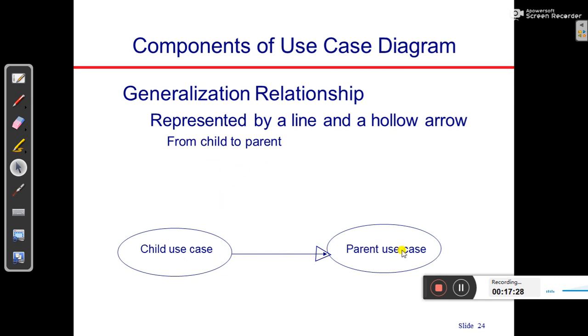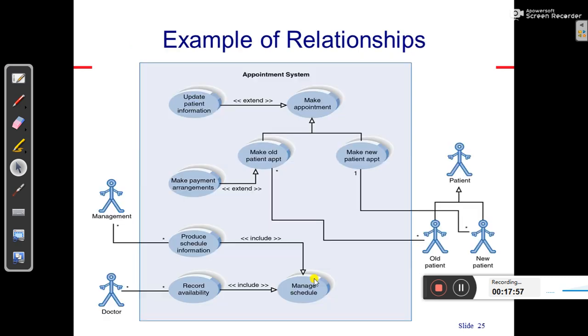If there are two use cases which are communicating, then we put a line and a hollow arrow to show the relationship between them. This is not between any actor and a use case, but only between use cases. Here you can see one use case connected to another use case, and these two use cases connected with this use case. Those are generalization relationships.